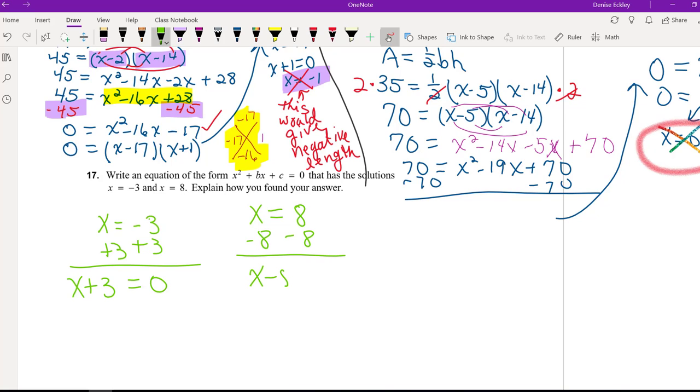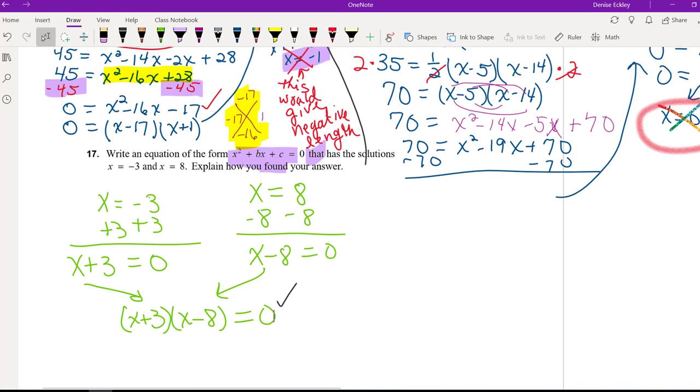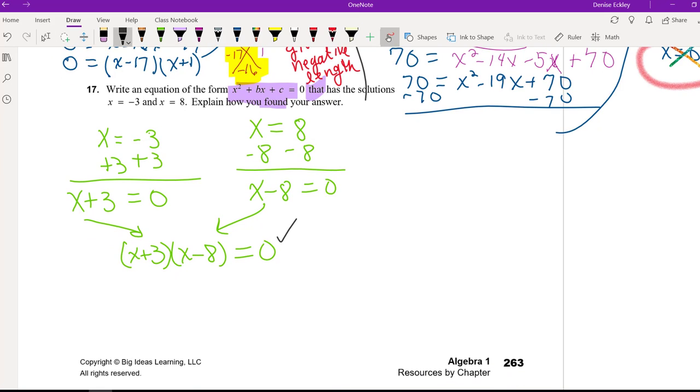So I have x minus 8 equals 0. So now I can put these two together. So I have x plus 3 times x minus 8. And I want it in standard form. There's the equal 0. So I'm going to set this equal to 0 like I did. And now all I have left to do is to multiply these two together.